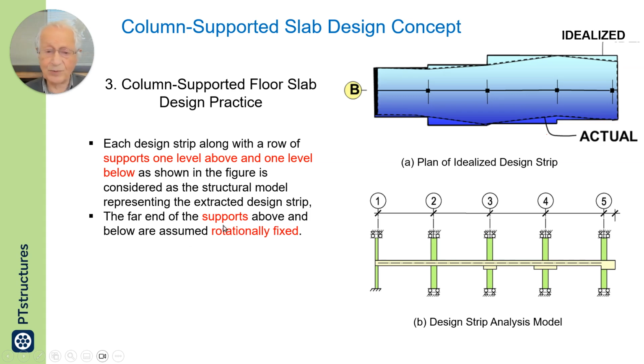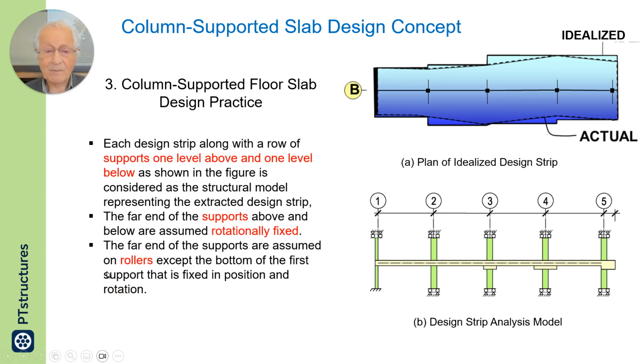At the far end, the supports above and below are assumed rotationally fixed. The far ends of the supports are assumed on rollers, except the bottom of the first support.